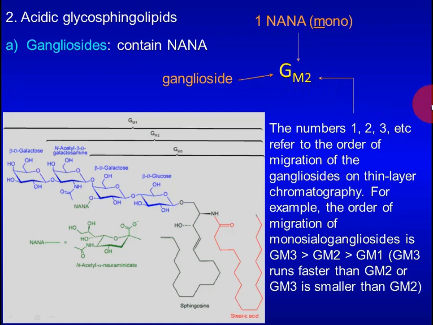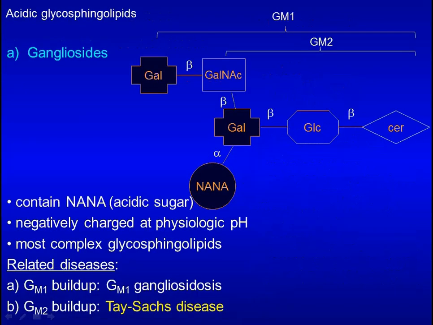To make it simpler, GM1 is larger in size than GM2, which is larger than GM3, as shown in this picture. GM1 is larger than GM2. GM2 is larger than GM3. Gangliosides are the most complex glycosphingolipids. Buildup of GM1 is related to GM1 gangliosidosis. Buildup of GM2 is related to Tay-Sachs disease.